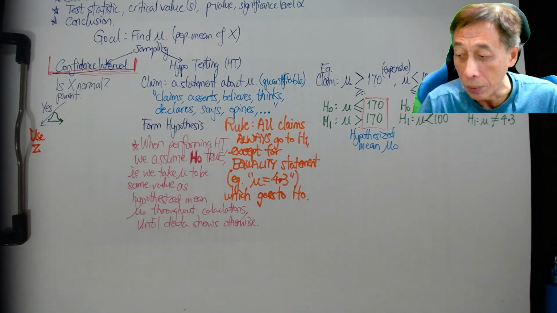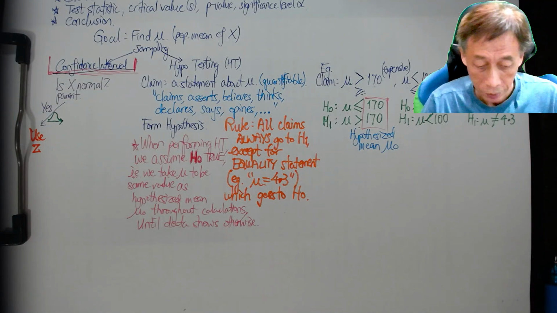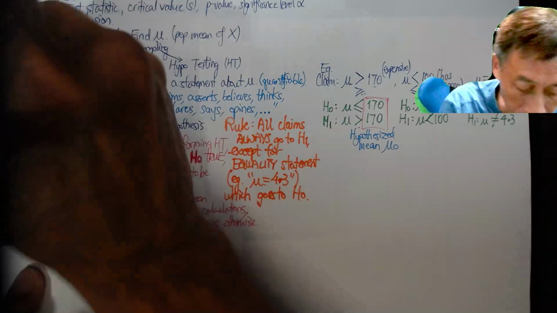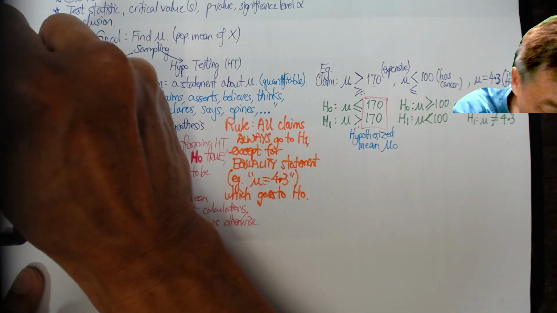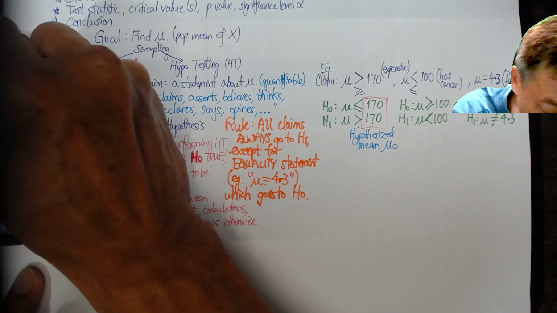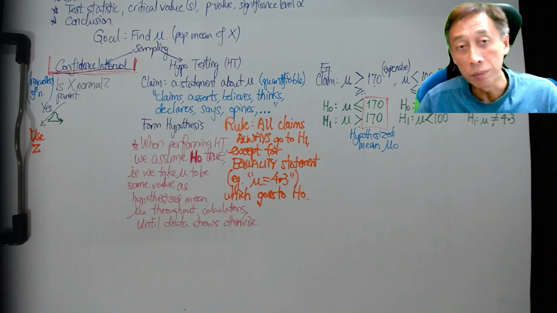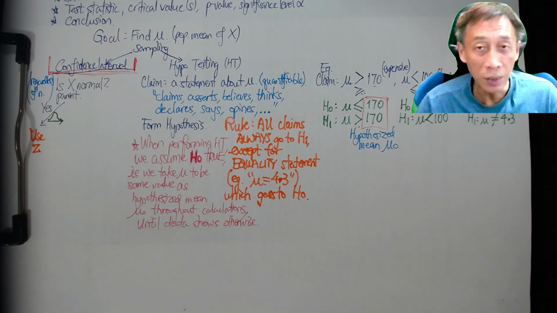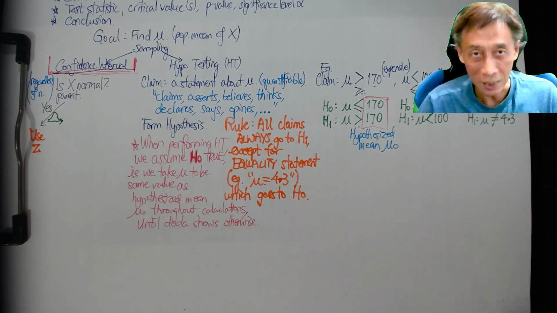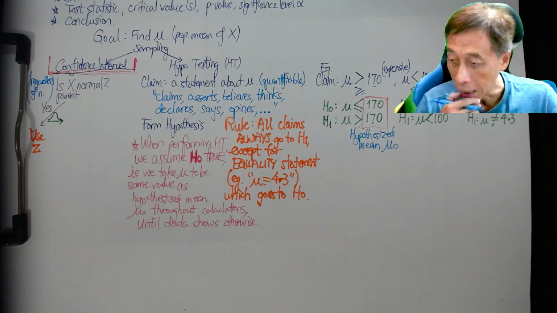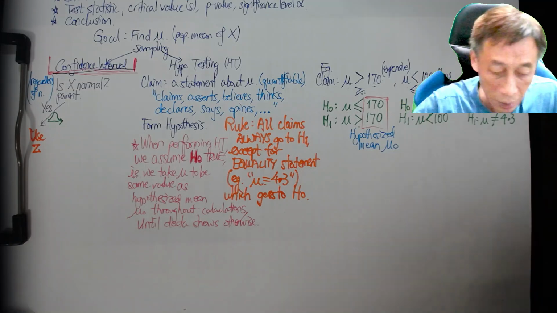For any sample size, regardless of n. Because parent is normal, then everything is nicely behaving. In that sense, we can just safely proceed, right? To use that.